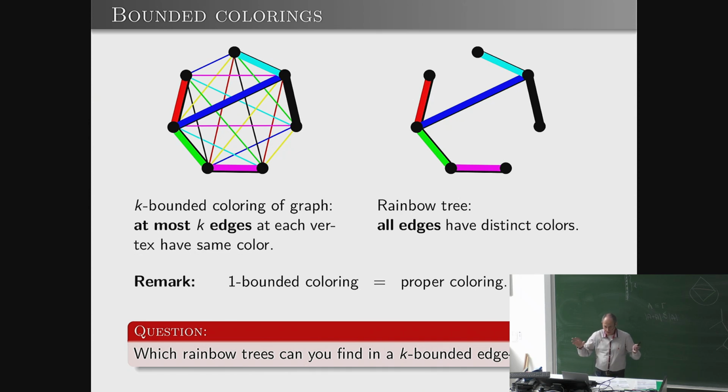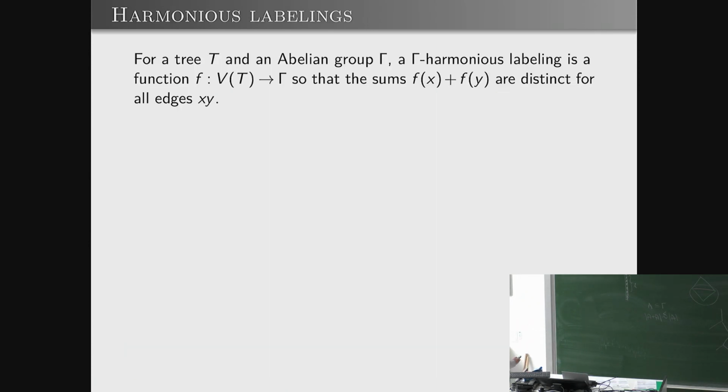It's a very big area with lots of results, and motivation typically comes either from coding theory or from constructing various networks with interesting properties. In particular, the labeling scheme I want to talk about is called harmonious labeling, introduced by Graham and Sloane in 1980.